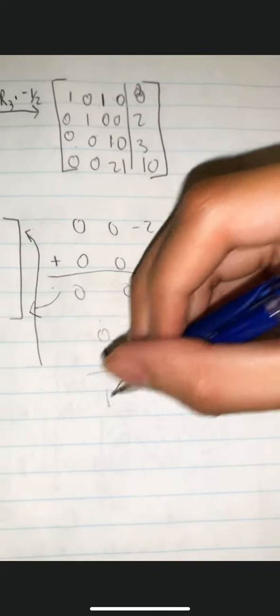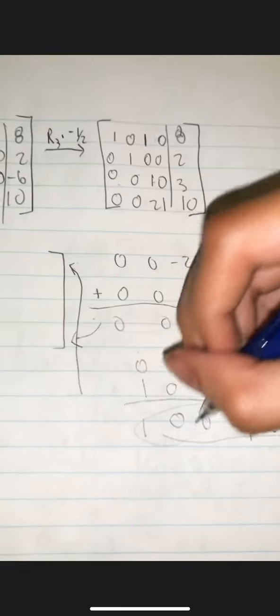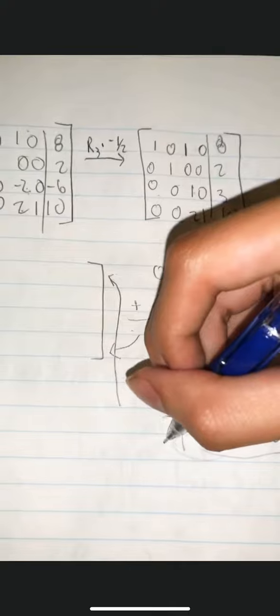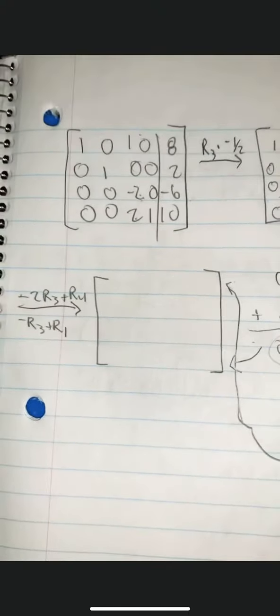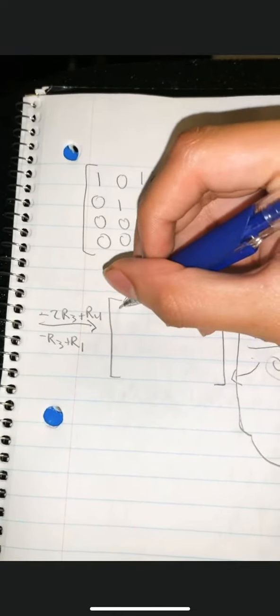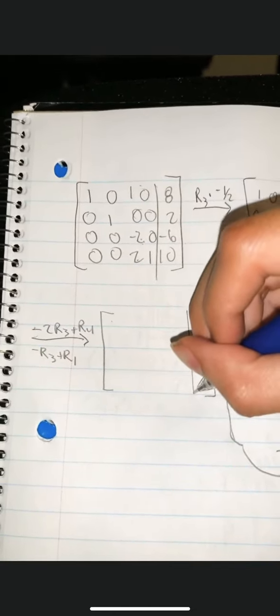So here we get 1, 0, 0, 0, 5. So this will be replaced with row 1.